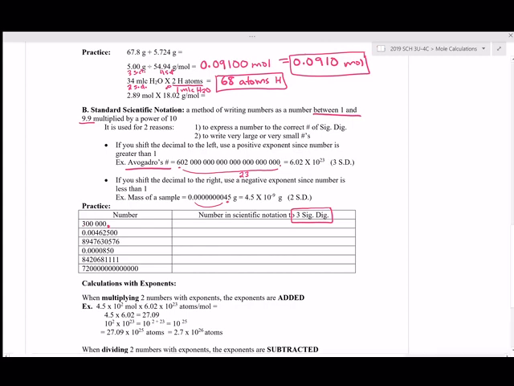Because we want a number that is between 1 and 10, like 1 and 9. So it's going to be 3. If you jot that down, that can help get you started. Then if you count everything between where the decimal was and where you put it, you will find there were 5 spaces. It doesn't have to be zeros, just five digits.